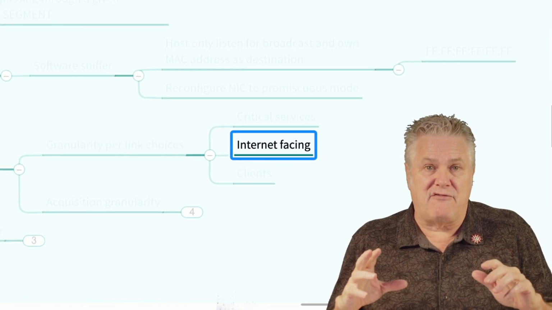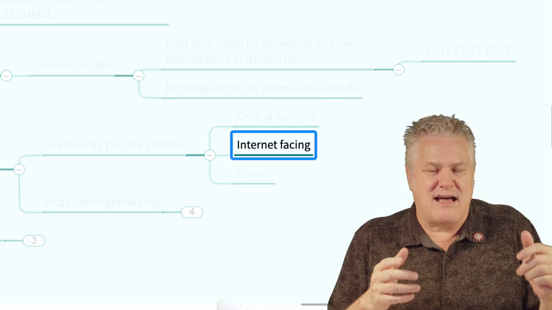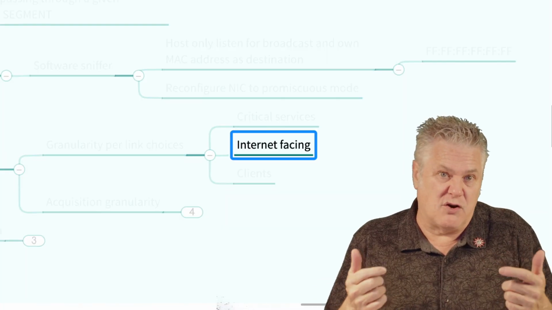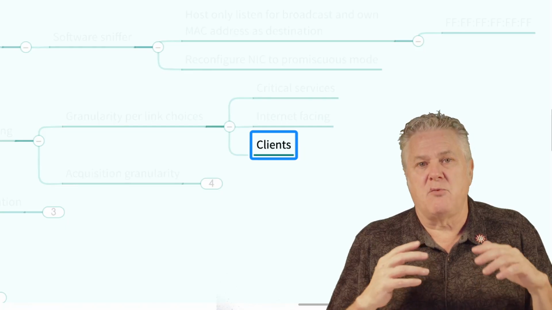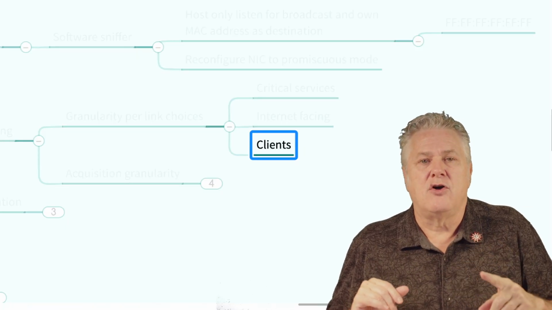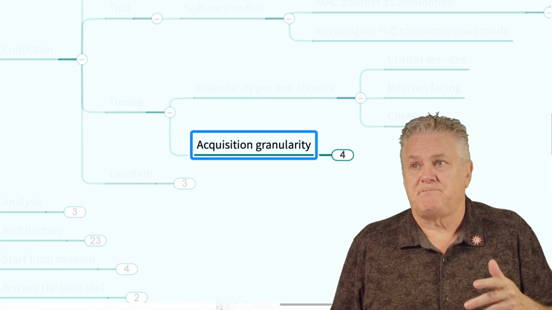We look at the internet facing. Hey, we won't capture the stuff on the outside of the firewall. We'll capture everything going on the inside. You might do both, by the way. Or we have an end user client that's misbehaving and we want to figure out what's going on. So we'll listen in on that device and see who it talks to. This could also give us indicators of compromise.